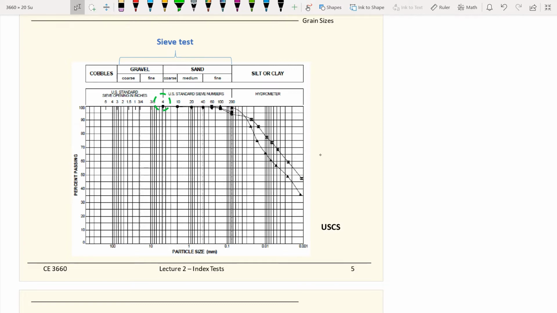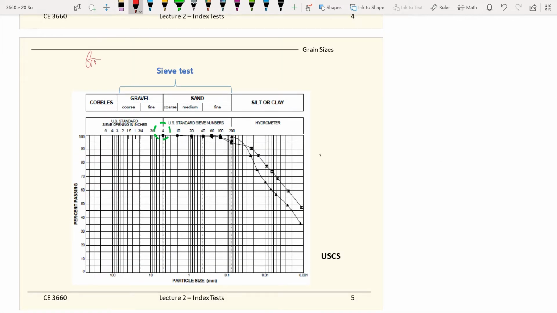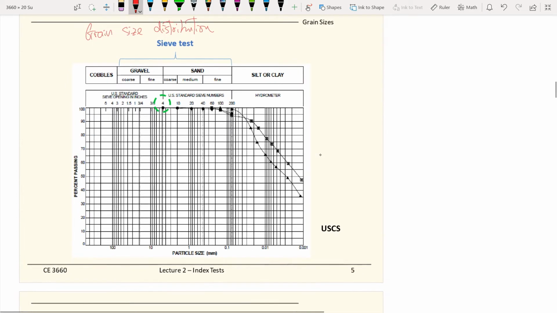In order to represent our results as a grain size distribution curve, we plot the results on a semi-log scale. Per ASTM standard, this has to be a log scale. The x-axis is the particle size, and the particle size is determined by the sieve openings.